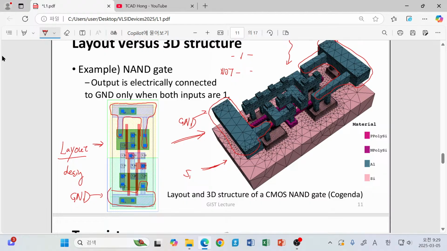So actually the switching operation happens in this silicon part, but not in this entire silicon part, but just underneath the gate contact. Then where can you find the gate contact? Now you can see there is a relatively dark purple region, and this is corresponding to the gate.